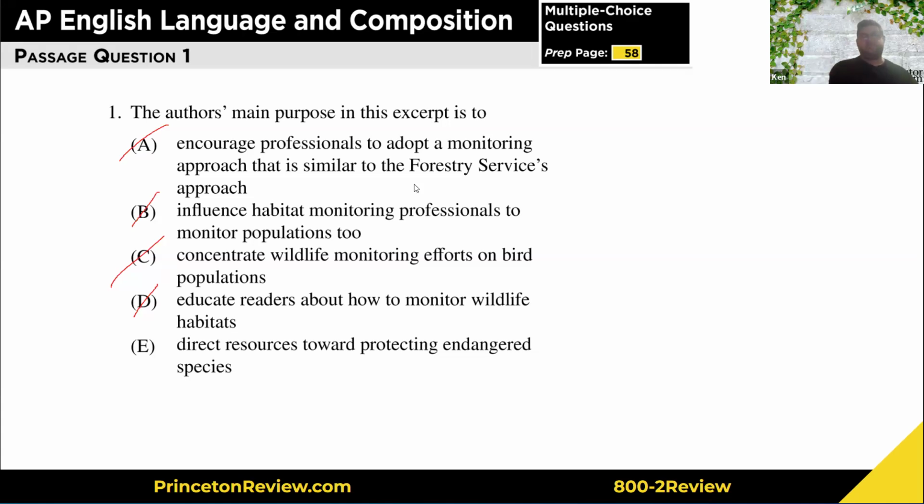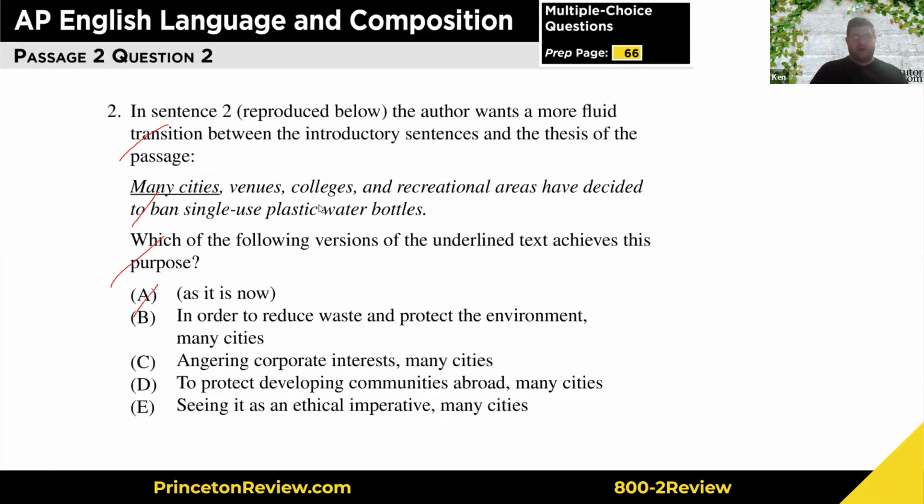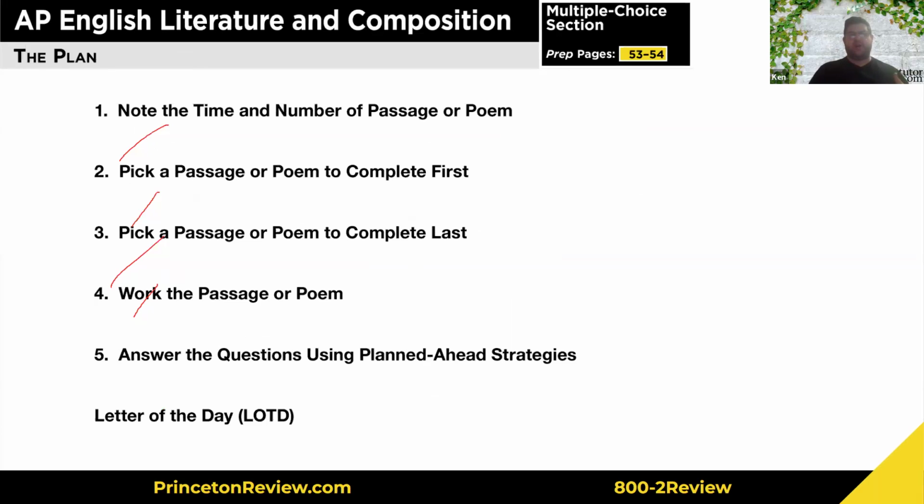So the reason B is out here is only because that populations part is only in the very final paragraph. Everything that we read is the different things we need to keep in mind to use resources properly. And I can at least eliminate a bunch of these from the main ideas that I have. So there are some more examples here on these passages, but I just wanted to show the general gist.